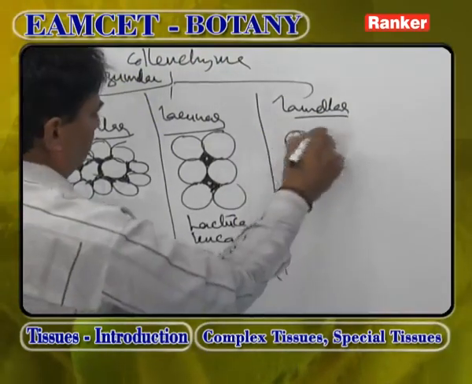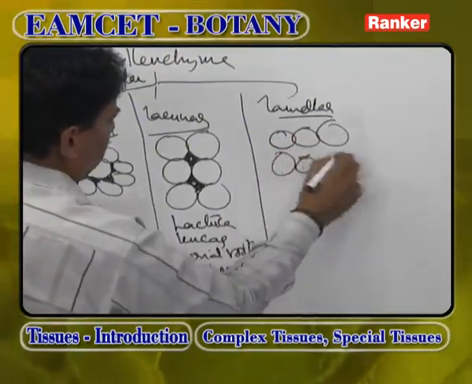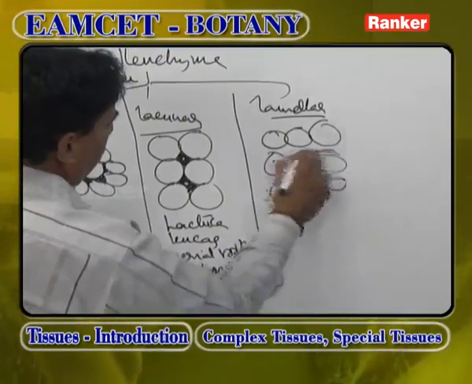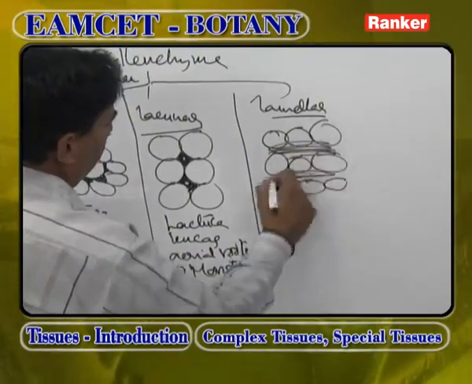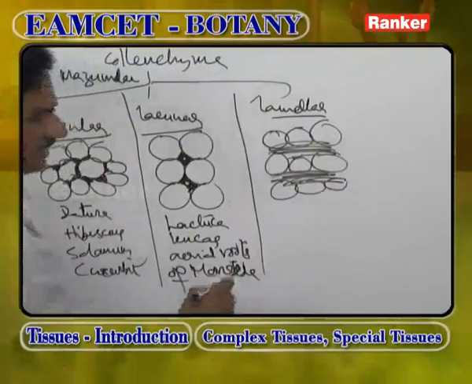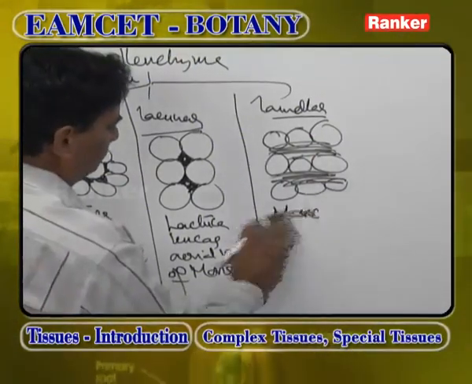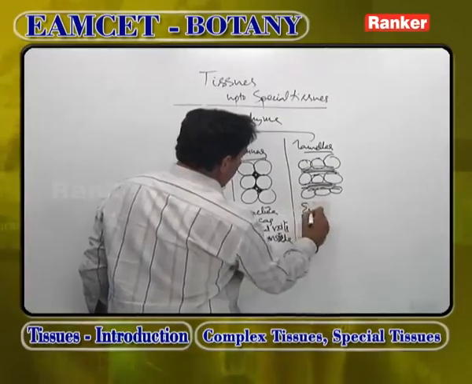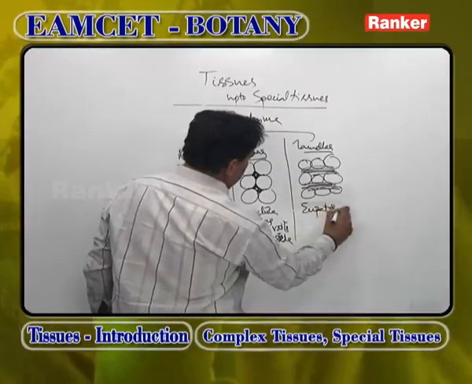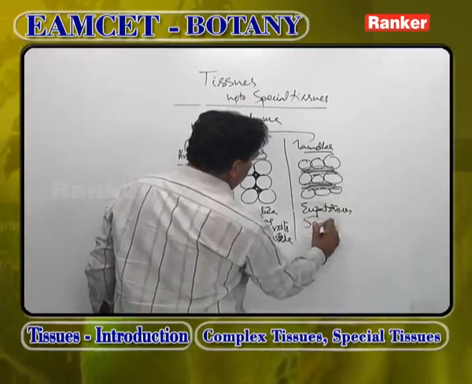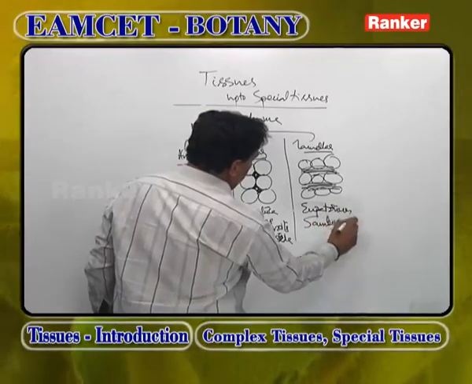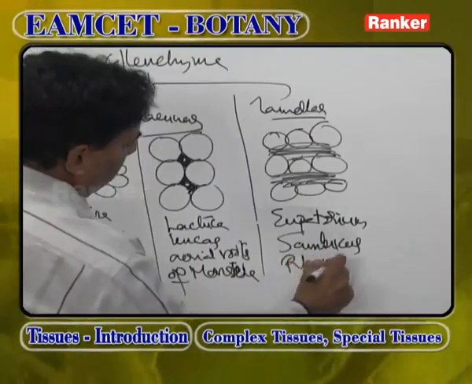Lamellar collenchyma: cells are arranged irregularly, and the cell wall is deposited more on the tangential walls than on the radial walls. Examples are Eupatorium, Sambucus, Rhamnus and many plants.